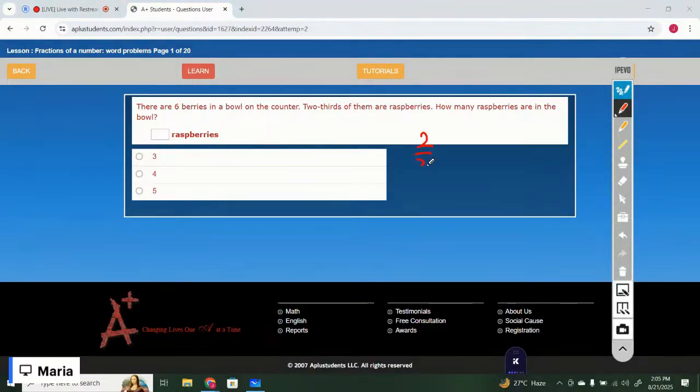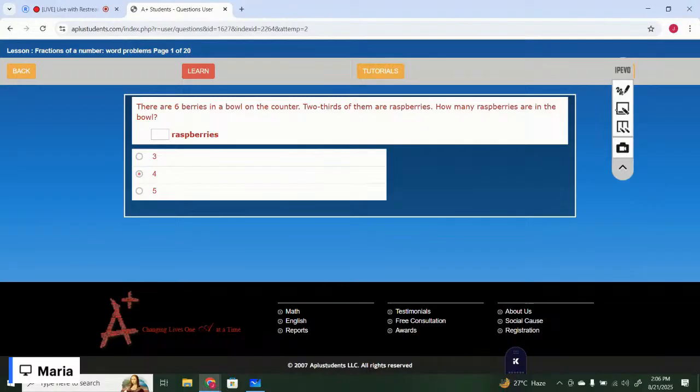We need to calculate 2/3 of 6. So let's just do numerator times numerator. 6 times 2 is 12. 3 times 1 is 3. 3 times 4 is 12, so that is 4. Option number 2 is the correct option.